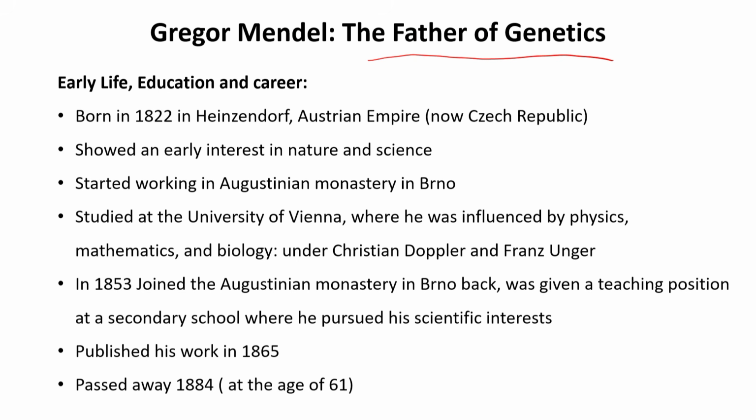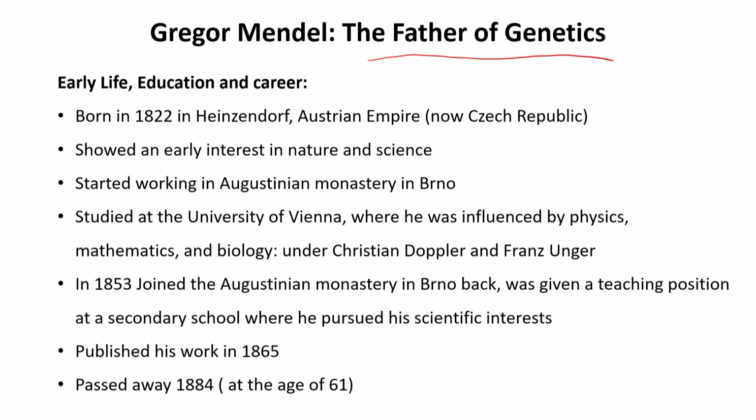It's important for you to know that he published his whole work, which he did mostly in about 8 years, in 1865, and unfortunately he died very early, at the age of 61. I personally feel that if he had lived longer, probably nobody would have needed to discover him. He would have been known because he might have presented his work in multiple places, and people would have known about his work a bit earlier than when he was discovered later, in 1900.